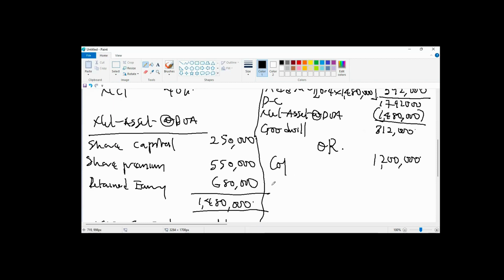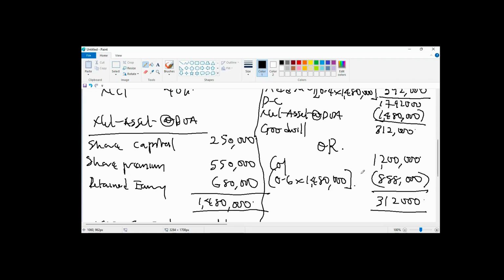I will now remove the parent portion, 0.6 times 1,480. That will give me 888. But I remove 1.2 from this, and it will give me 312.